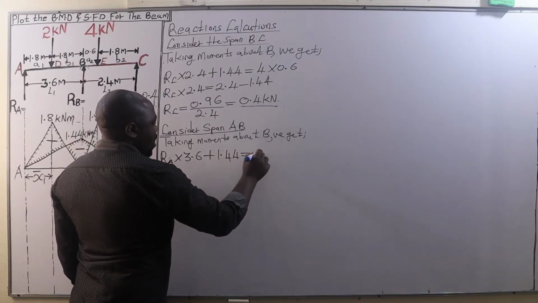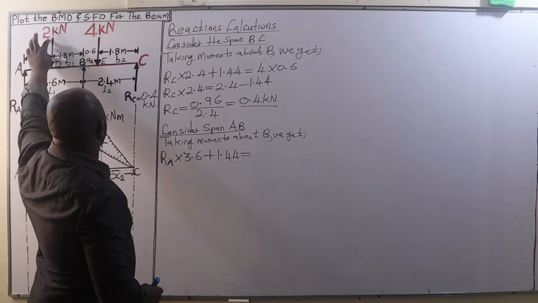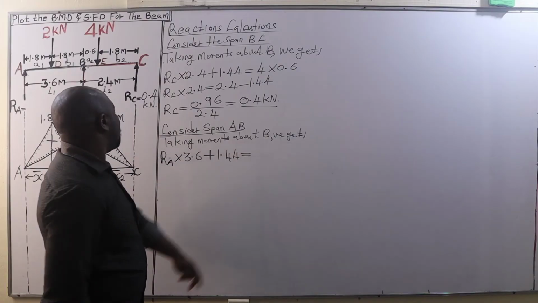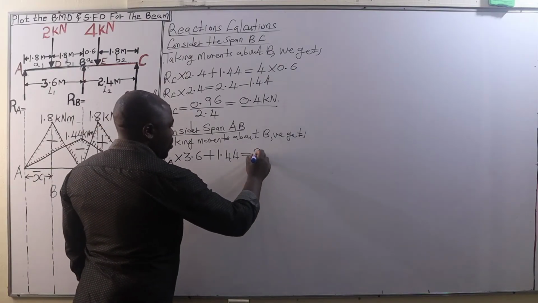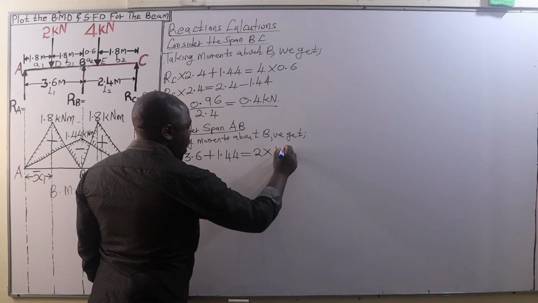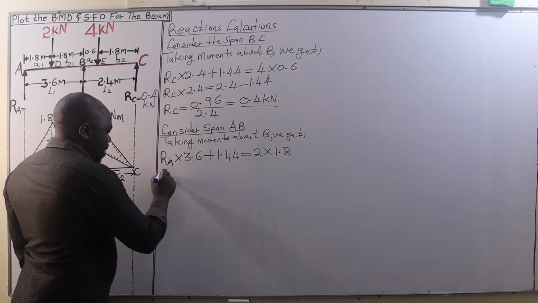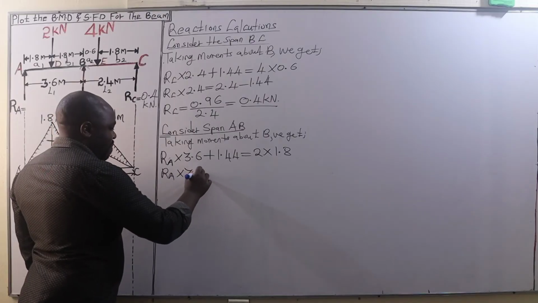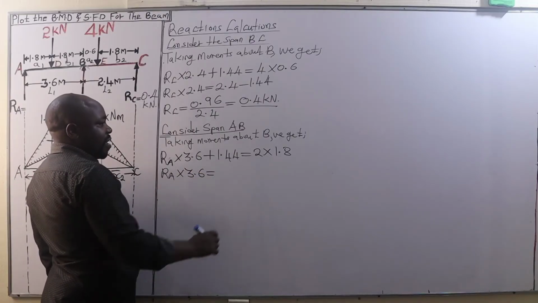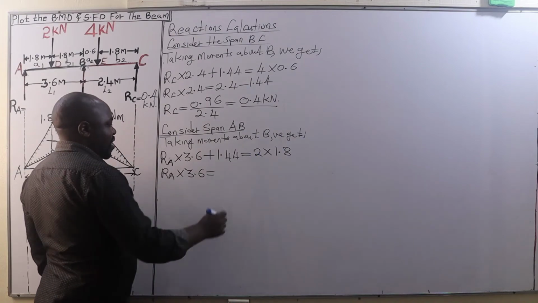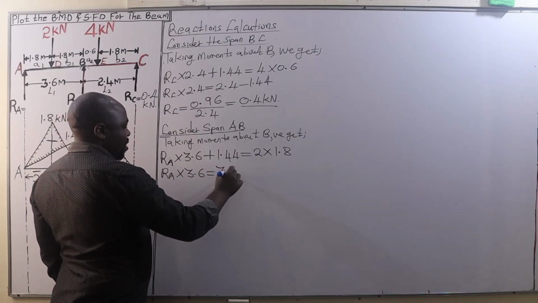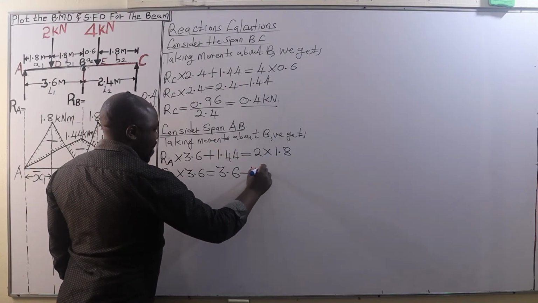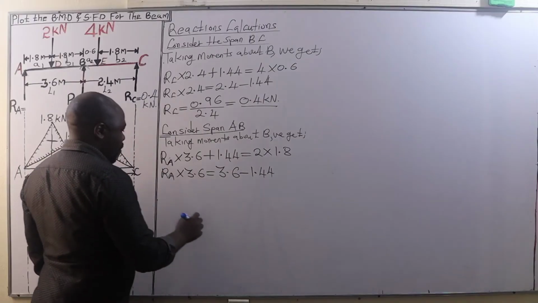is equal to 2 kilonewtons times the distance from D to B, since we are taking moments about B. So that is going to be 2 multiplied by 1.8 meters. So this is going to be RA times 3.6 being equal to 2 times 1.8, definitely that is 3.6. Take 1.44 to the other side of the equal sign, that is going to be minus 1.44.